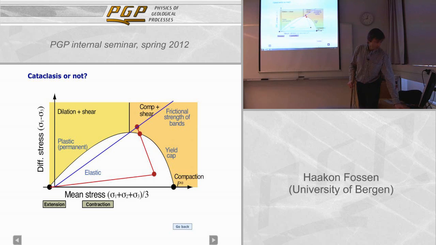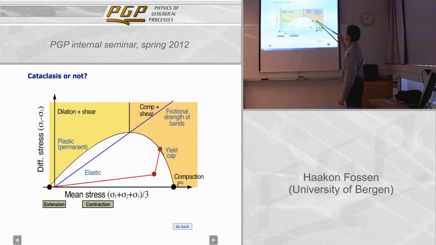Now, if we have contraction, we're just going to add to the horizontal stress by adding the tectonic horizontal force, and we're going to move in this direction and probably hit the cap farther to the right. What that means, if this is correct, is that you are likely to get more compaction during deformation band formation in contractional deformation than in extensional deformation.